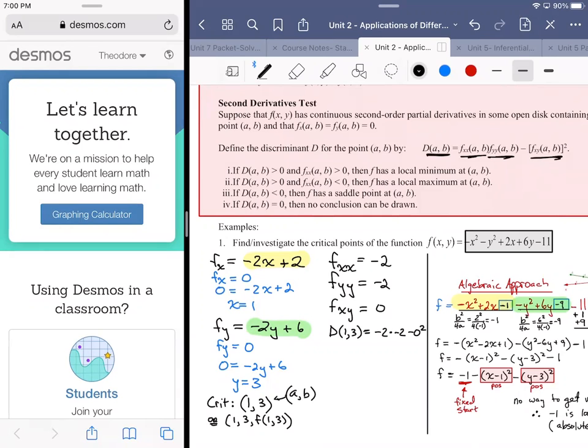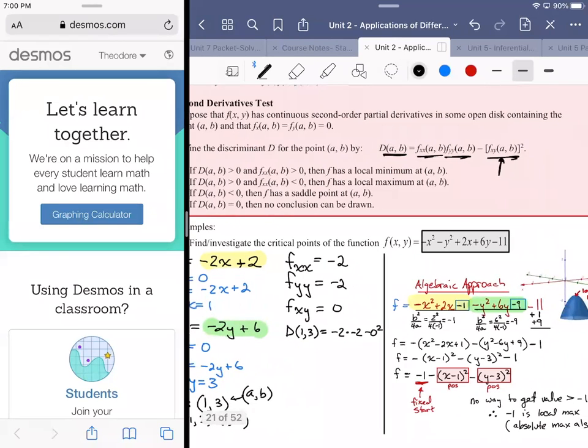All right. Now, the reason why we go with the f sub xy at (a, b) squared, that's one thing that I'm kind of stealing my own thunder for next class. That's really the product of f sub xy times f sub yx. Right?